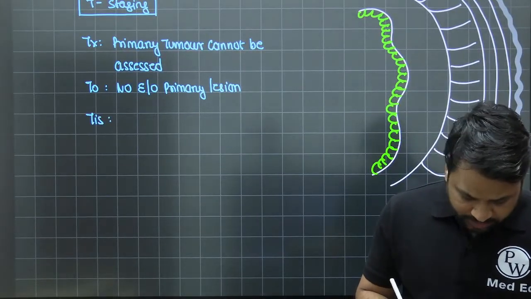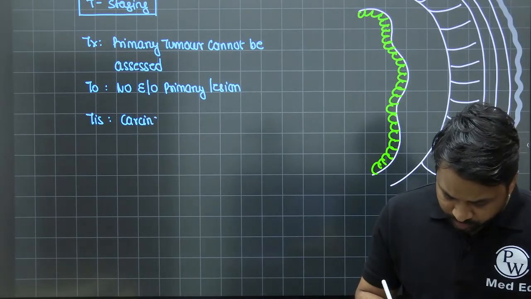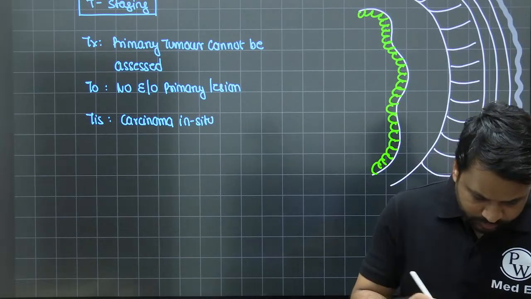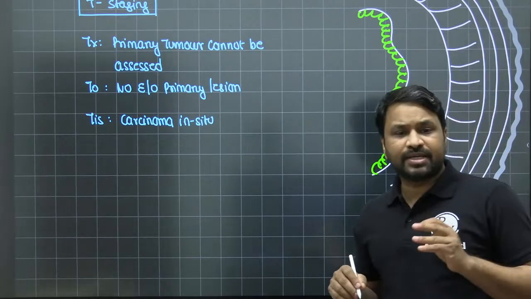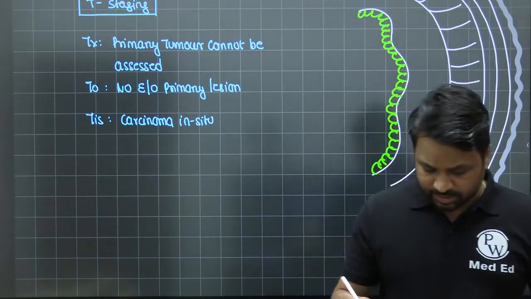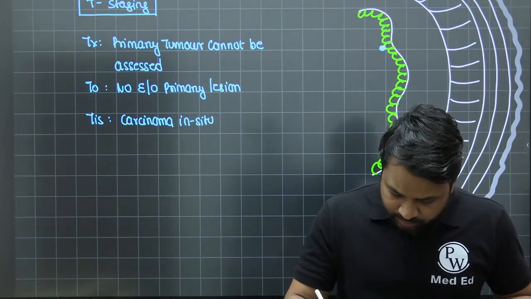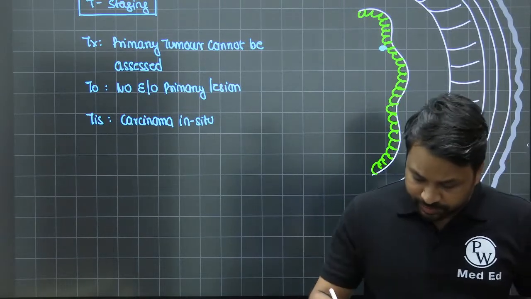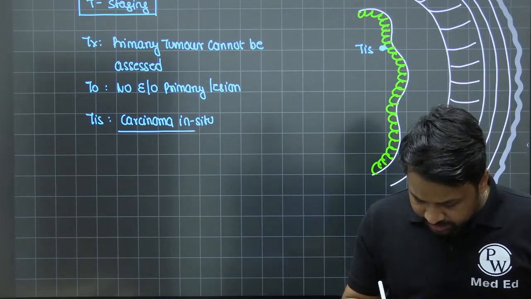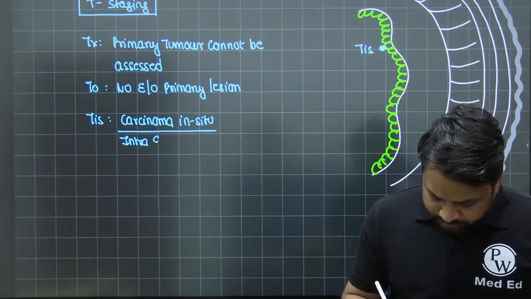Then you have TIS. TIS is carcinoma in situ. When I say carcinoma in situ, it is basically intraepithelial malignancy, right? So if the malignancy is limited to the epithelium only, this is what we call TIS.